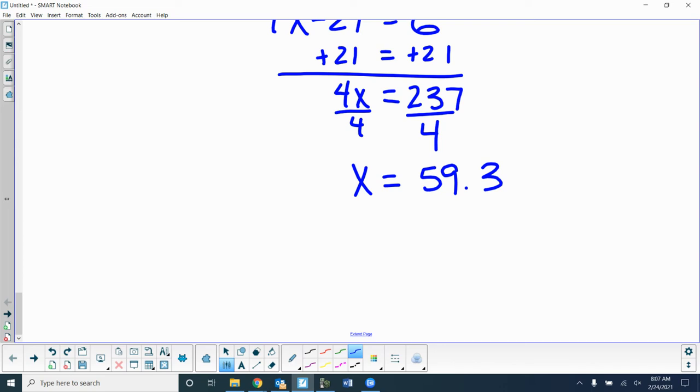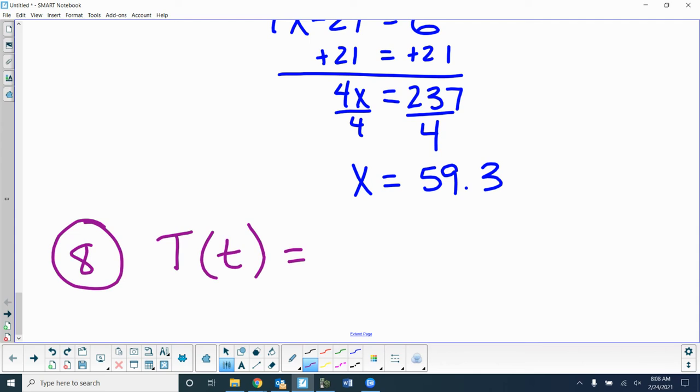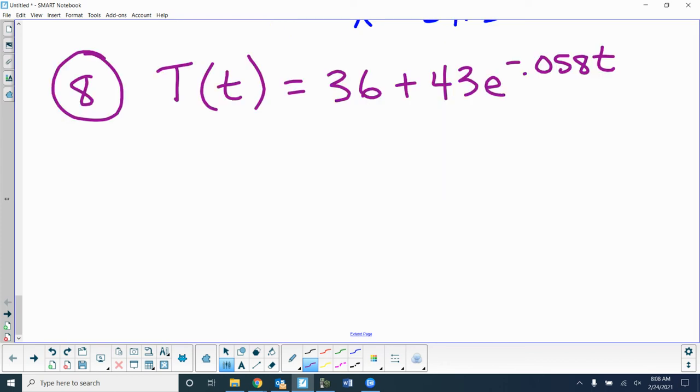Okay, this last one, we already did one very similar to this a couple weeks ago. You're given a formula. The temperature after T minutes of the soda this time is this formula: 36 plus 43 e to the negative 0.058 T. So that's the formula we're going to use for this can of soda.